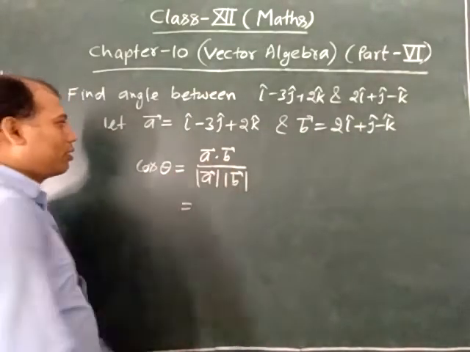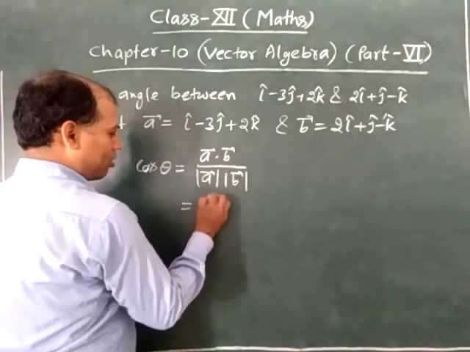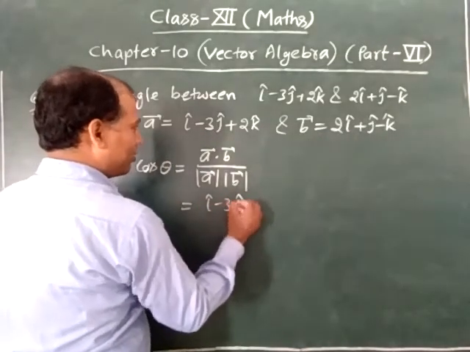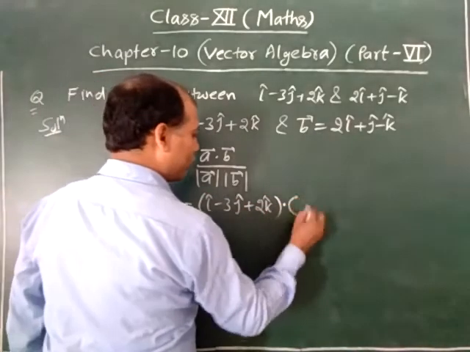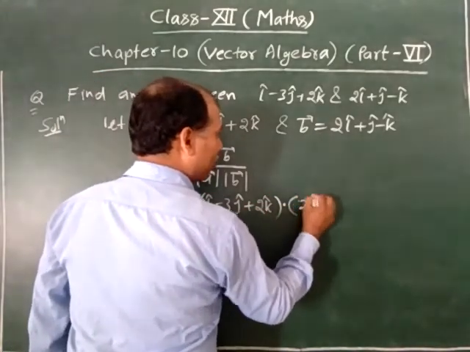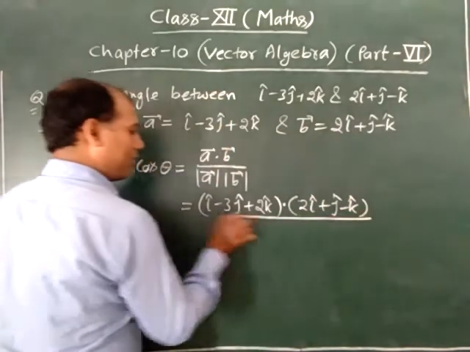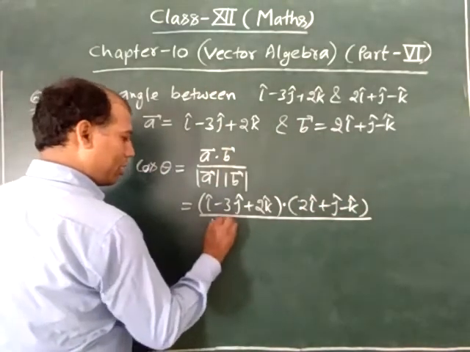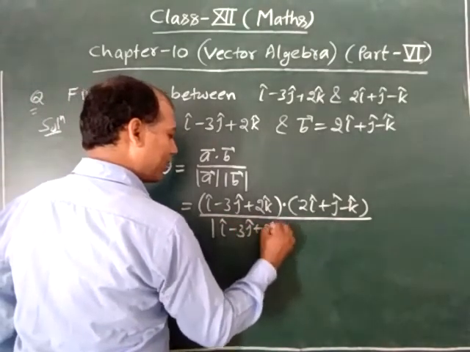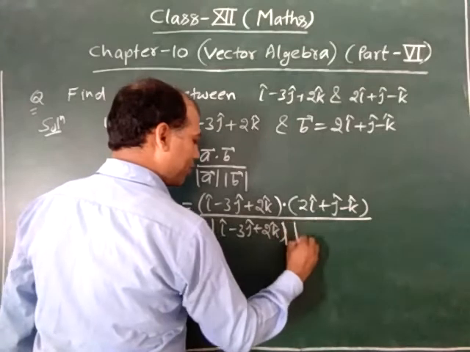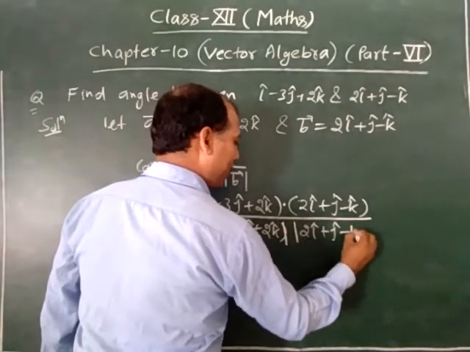Now A dot B means the dot product of these two vectors. (i minus 3j plus 2k) dot (2i plus j minus k) divided by modulus of i minus 3j plus 2k times modulus of 2i plus j minus k.